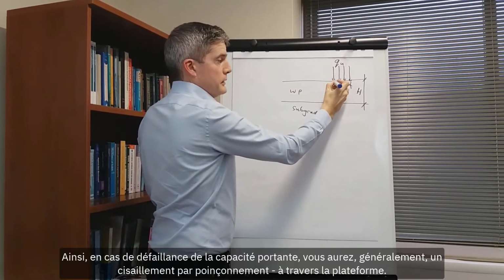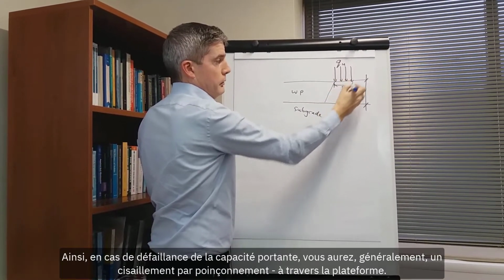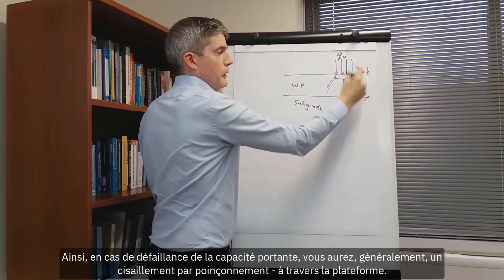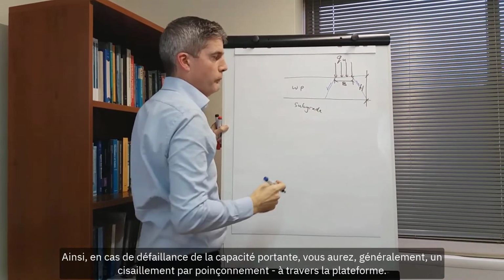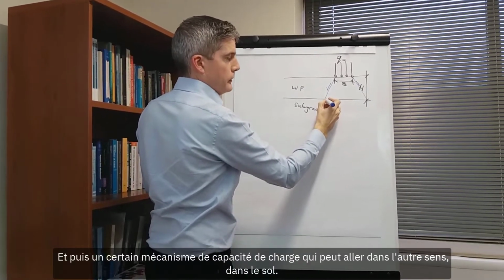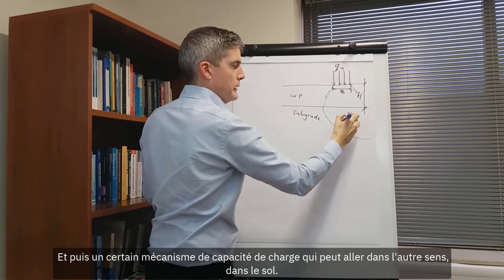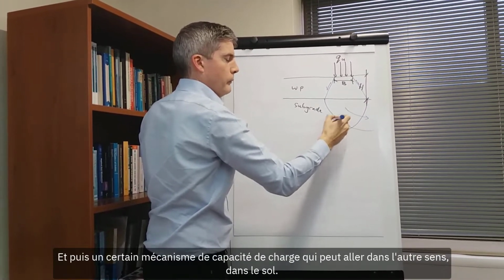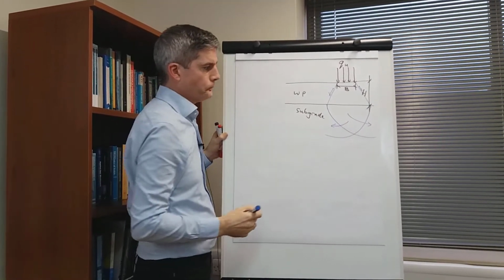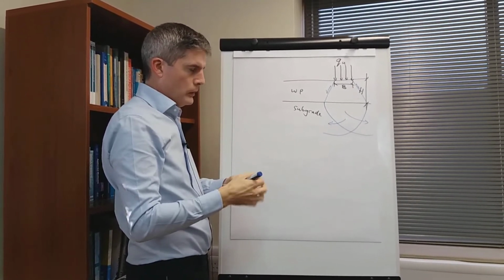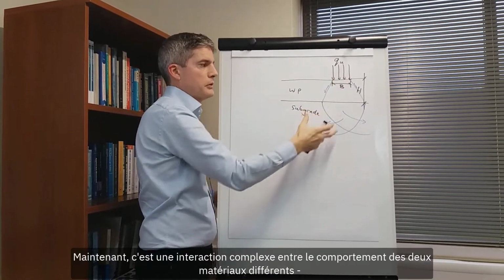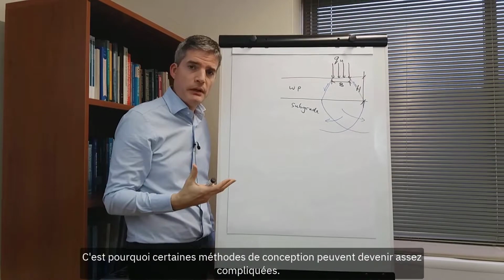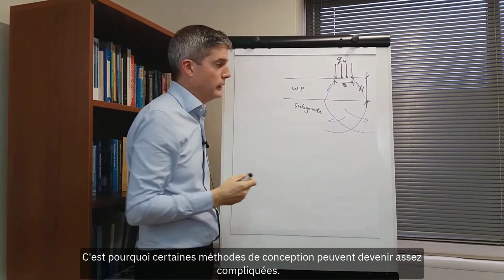At bearing capacity failure you will usually have punching shear through the platform and then some bearing capacity mechanism that way, or it may go the other way in the subgrade. Now it's a complex interaction between the behavior of the two different materials. That's why some design methods can become rather complicated.